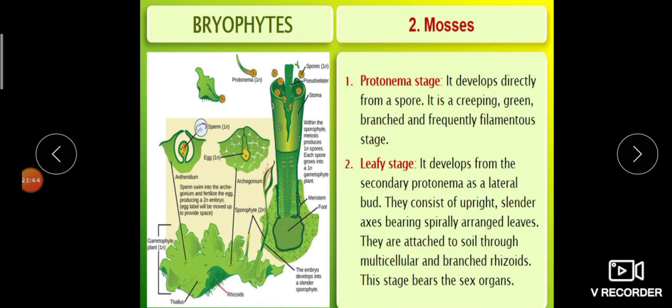So after the release of the spore, from that spore the creeping, green, branched, freely filamentous stage of mosses is developed. That stage is called the protonema stage.